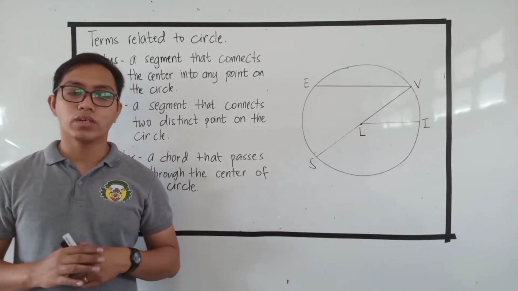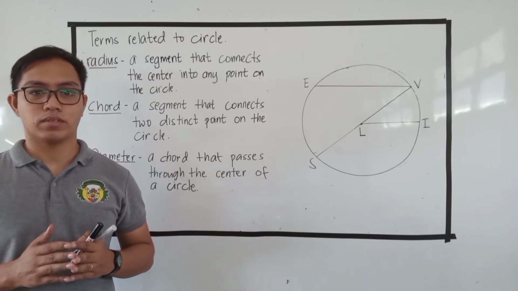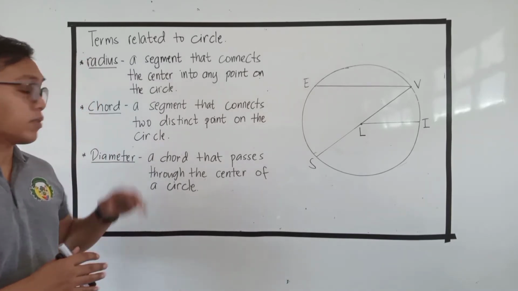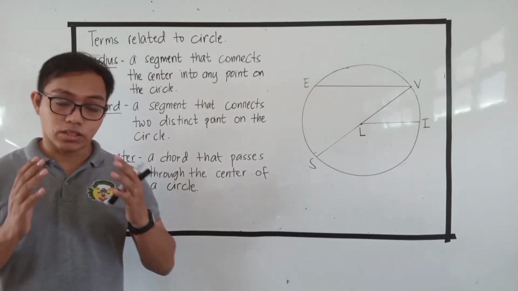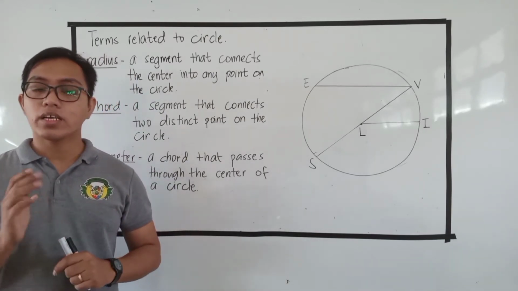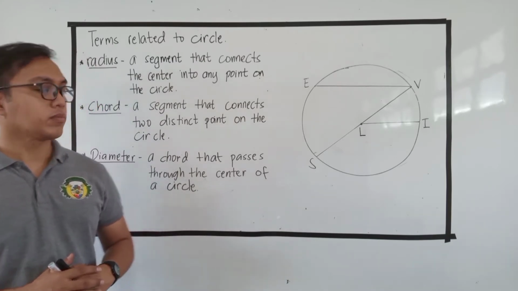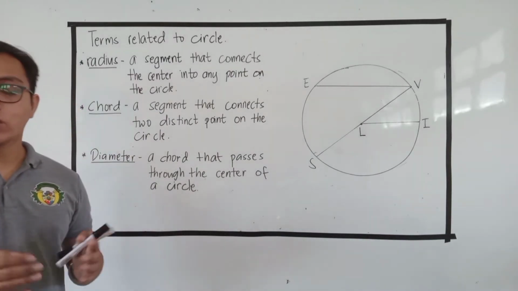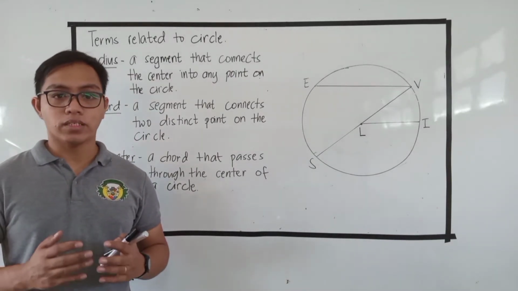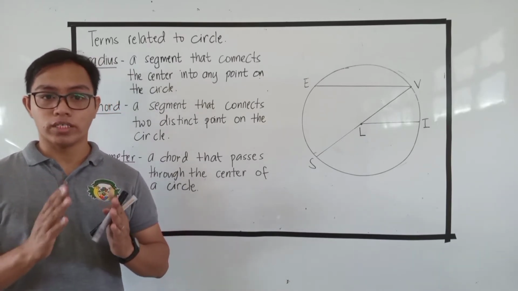Now let's go to the terms related to a circle. First off, we have radius. A radius is a segment that connects the center to any point on the circle. Chord. A chord is also a segment, but it connects two distinct points on the circle.